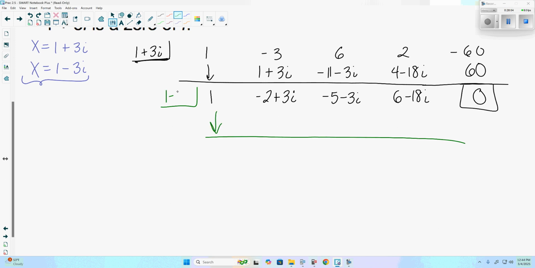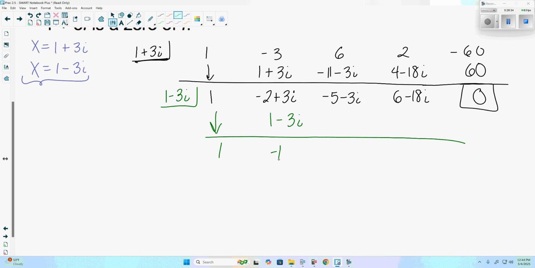Now, we're going to have to do the same thing with its conjugate pair, 1 minus 3i. Now, 1 minus 3i times 1 is going to be 1 minus 3i. This time we do have i terms, but if we add straight down, negative 2 plus 1 is negative 1, and 3i minus 3i is 0. So we just get negative 1.